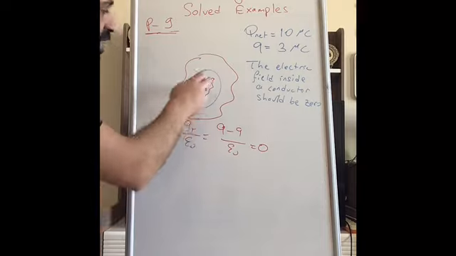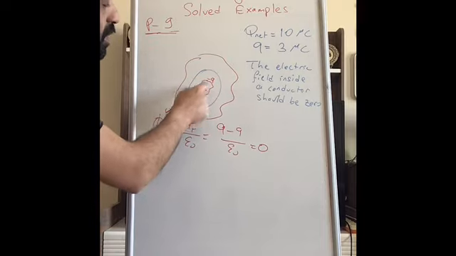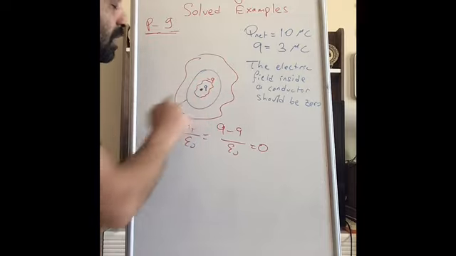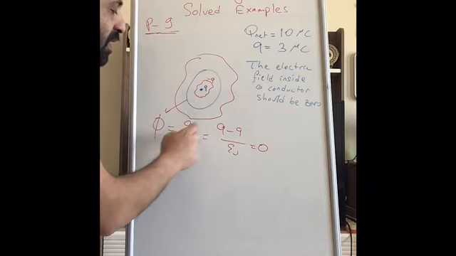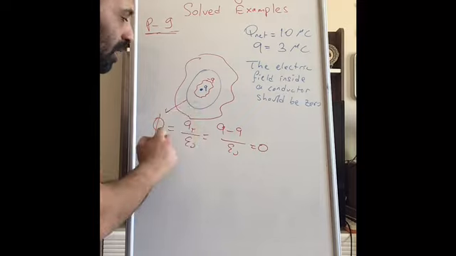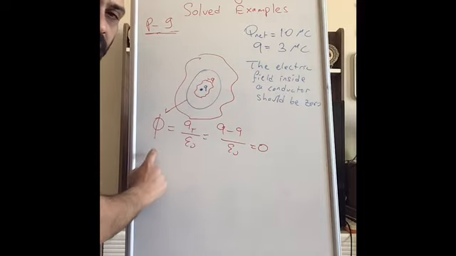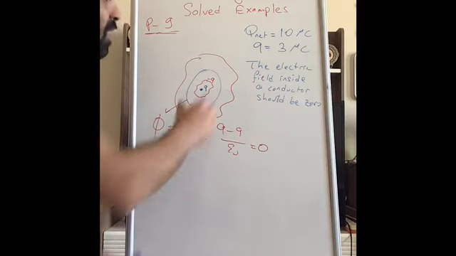The total charge inside this Gaussian surface will be Q minus Q equals 0, and the total flux will be 0. It means the electric field will be 0 again.